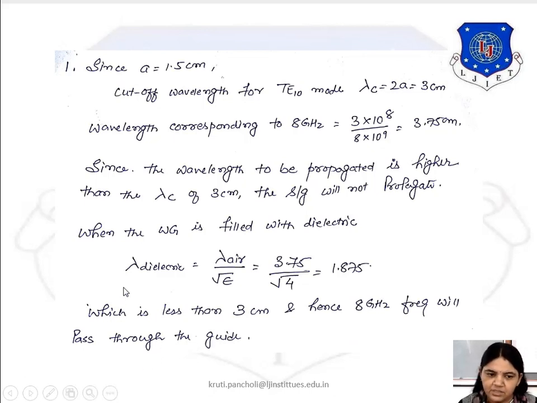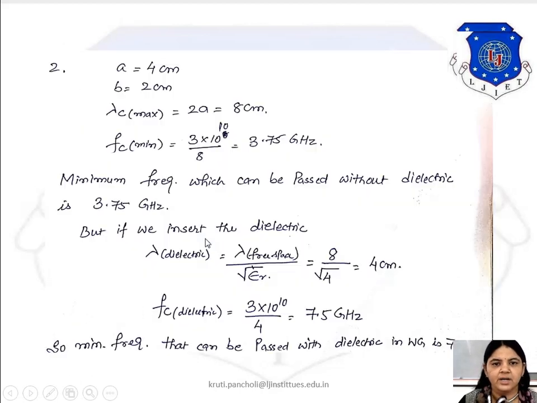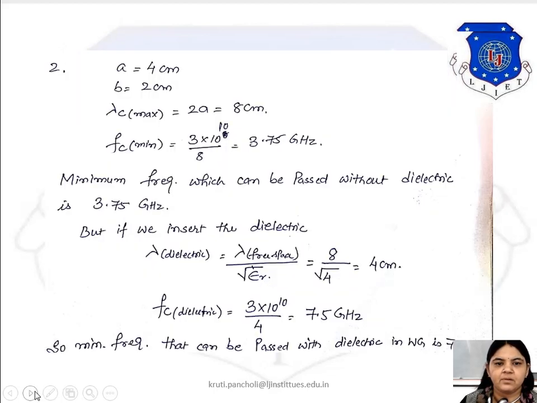So this way we need to solve the example. Next, a rectangular waveguide has wide and narrow dimensions of 4 and 2 centimeter respectively. What is the minimum frequency which can be transmitted if a dielectric of epsilon r equal to 4 is inserted inside the waveguide?